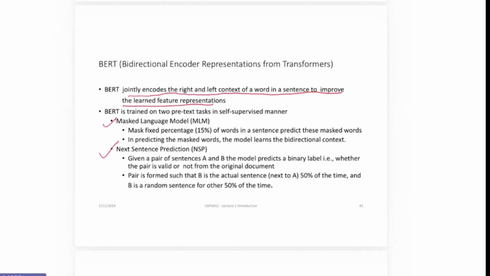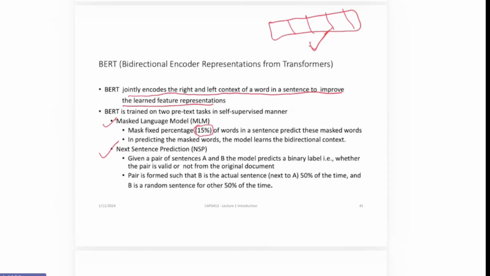This is done in a self-supervised manner. Whatever input they have, suppose we are giving a sentence. In that sentence, this method will mask 15% of the words and then give it to the model, to this transformer encoder, and tell the transformer to predict them.